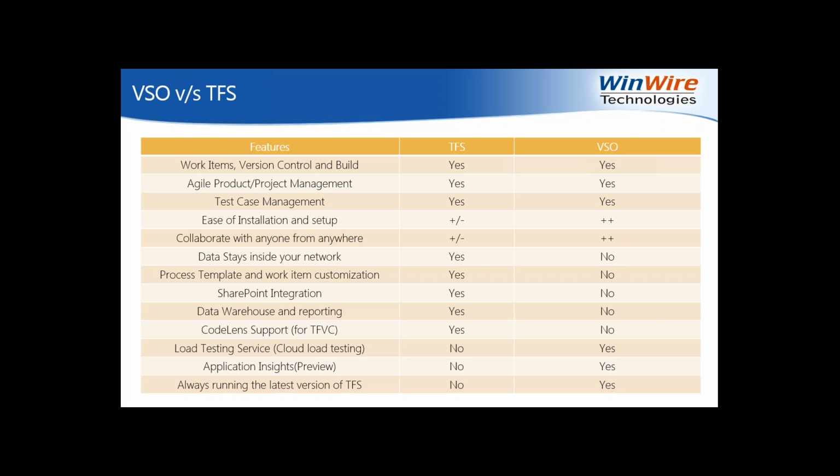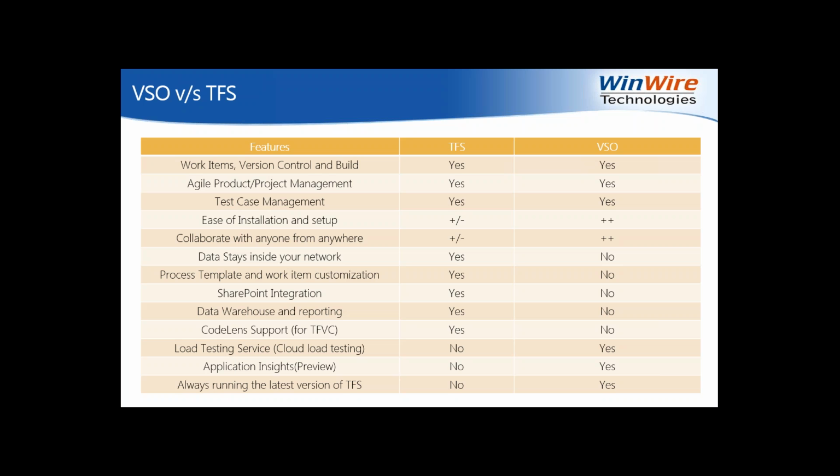However, if you notice, there are some features which are currently available only in on-premises TFS and not in online TFS. For example, online does not have the ability to customize the process template. Still, there is no support for SQL Server Reporting Services and OLAP integration.